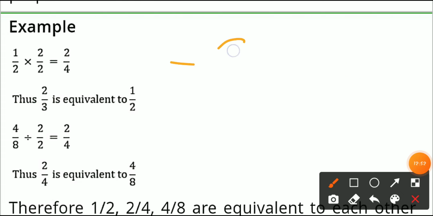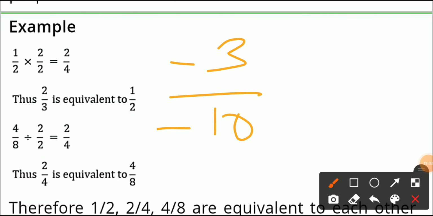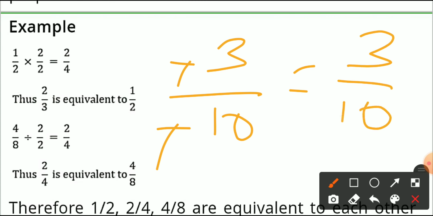Suppose you are writing minus 3 upon minus 10. Why is it a positive rational number? Because this minus sign and this minus sign can be cancelled. After cancelling, we have 3 upon 10, which is the form of a positive rational number.